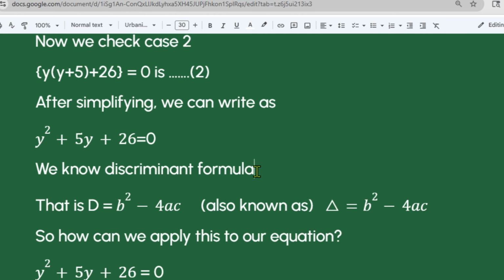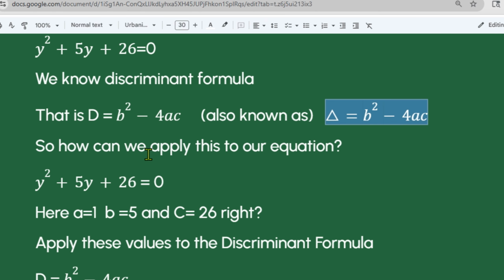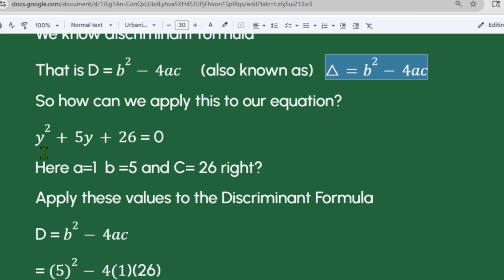Now, we know the discriminant formula here. That is, D equals b squared minus 4ac. So how can we apply this to our equation? Here, a equals 1, b equals 5, and c equals 26, right?